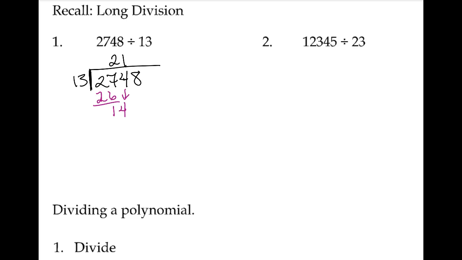So 1 times 13 is 13, leaves me with 1, bring down the 8, and I look and I'm like 13 goes into 18 only once again, and so that 1 times 13 is 13, and that leaves me with 5, and that's what we call my remainder.